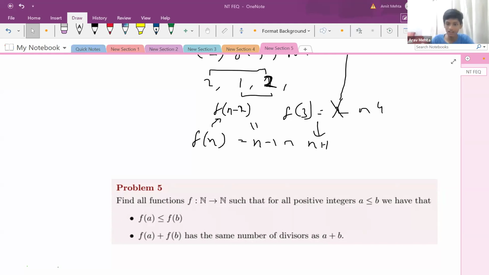No, like c has some prime divisor, right? Like if c is 10, we can choose p as 5. If c is 12, we can choose p as 2, p as 3. If c is 11, we can choose p as 11. We get to choose p, given a fixed c.